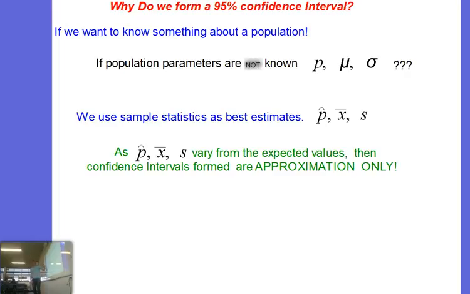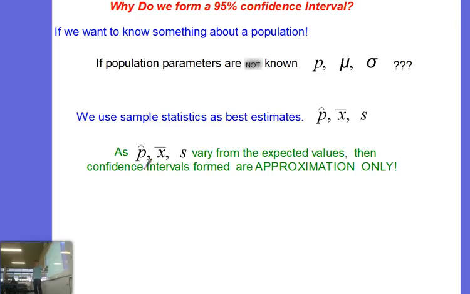So we get our sample proportion, our sample mean, or our sample standard deviation. These vary every time we take another sample, and we saw that in our simulation, in the distribution of these values.